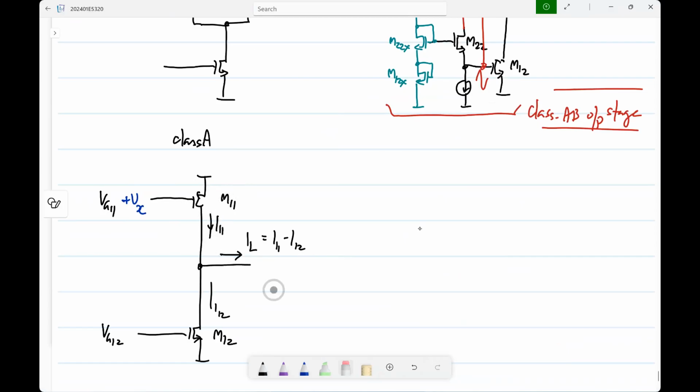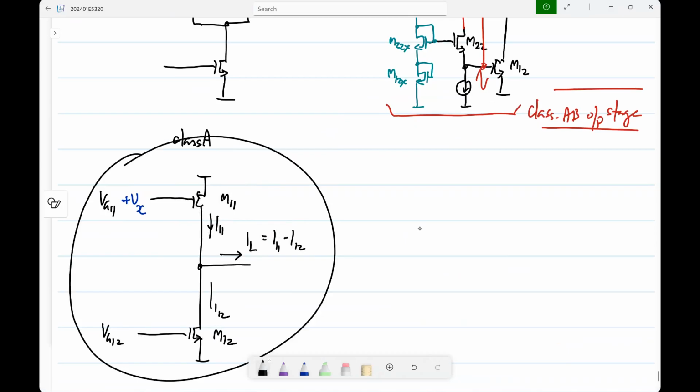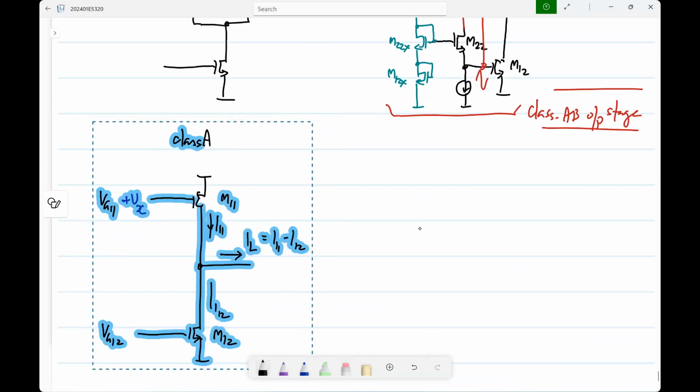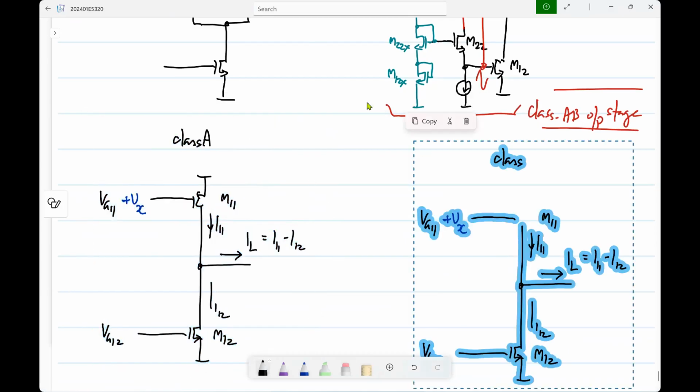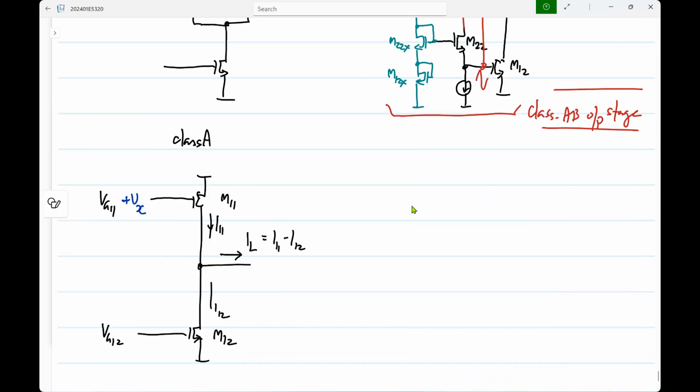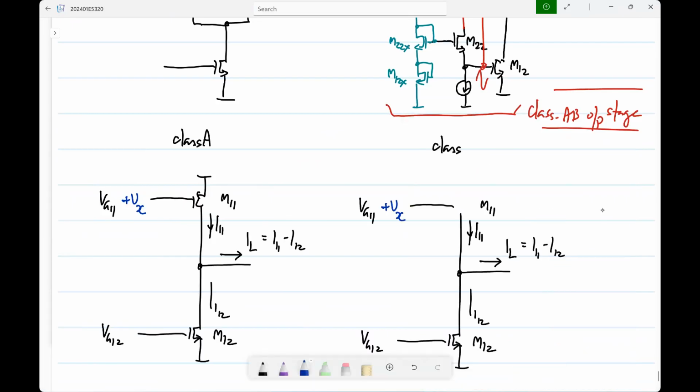You can just cut this off. Then you will have I12 to be minus IL, that's all. So that is the maximum you can pull in. If you apply Vx only to the bottom side, then how much you can push out will be limited. Okay. So the way to get around this limit is to add a signal to this side also.